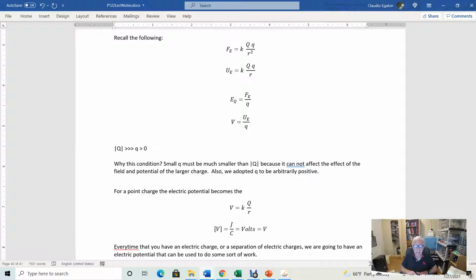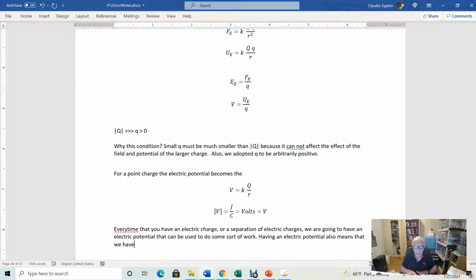And having an electric potential also means that we have some stored potential energy. That's what batteries are all about. Batteries are a separation of electric charge that has a potential energy.